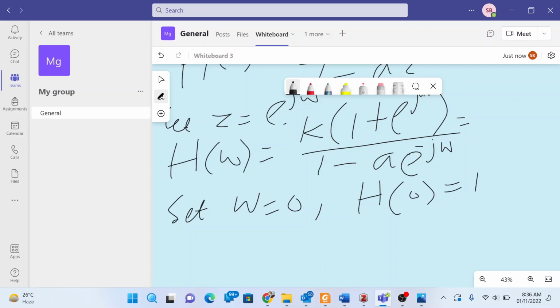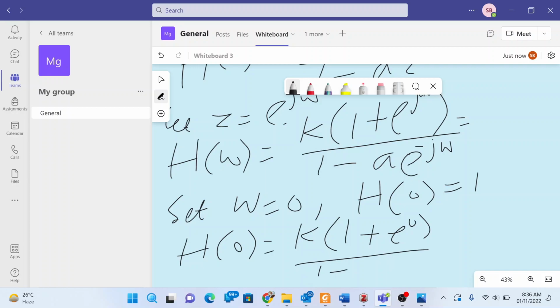Substituting into the equation, H of 0 is K into 1 plus e raised to power 0, all over 1 minus a e raised to power 0.